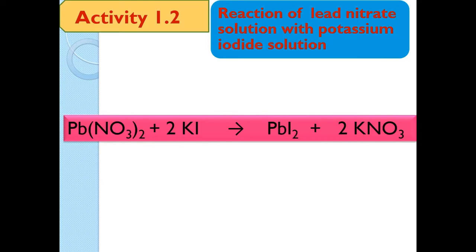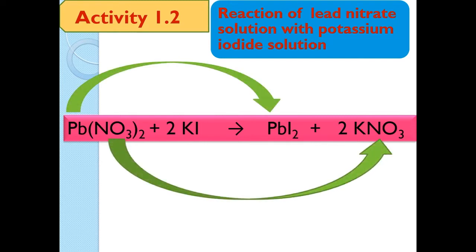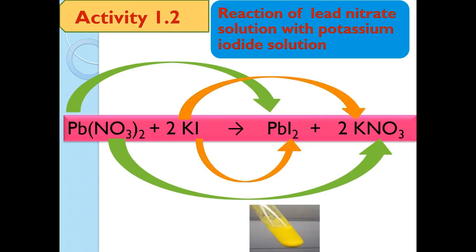Now let us see manner in which ions are exchanged between two reactants. Hence, clearly you can see mutual exchange of ions taking place between two ionic reactants. As a result, two new ionic products are formed.